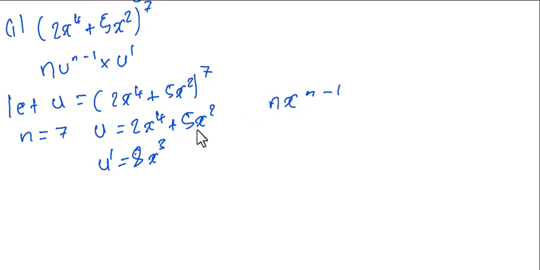When we multiply, the n comes down, so the 4 comes down, so it's 4 multiplied by 2, this is 8. Then 4 minus 1, this is 3. Then plus, this comes down, it's going to be 2 multiplied by 5, which is 10x.